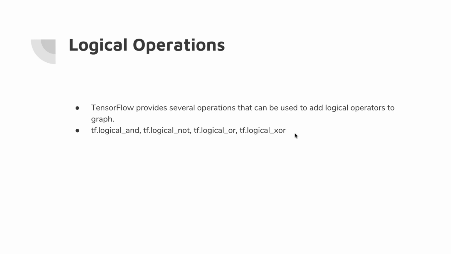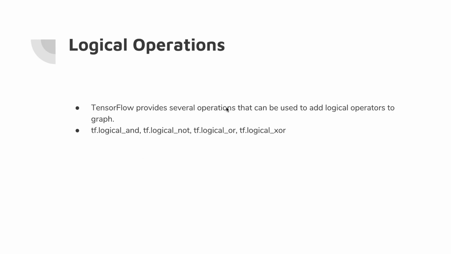Suppose you have tf.logical_and. This will take two tensors as the parameter, and then it will return a tensor which will have the values of logical and taken element-wise for the two tensors given as the parameter to this operator.